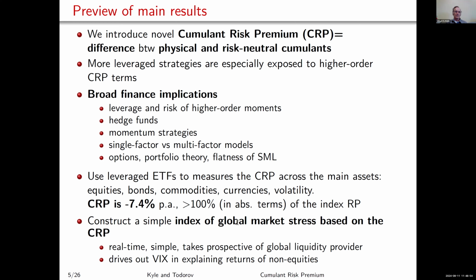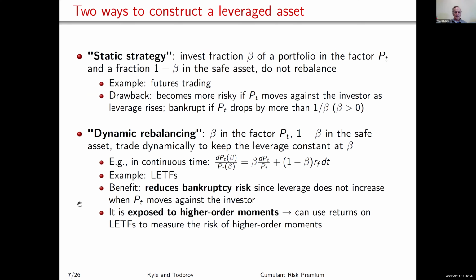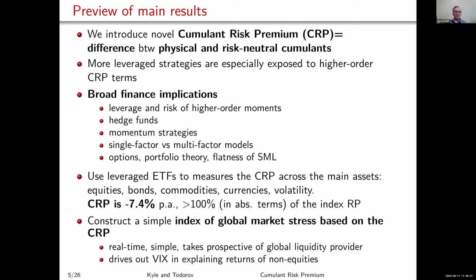When we look at the leveraged ETFs and try to measure this cumulative risk premium across equities, bonds, commodities, currencies, and even volatility itself, we find that typically it's not always negative, but typically it's negative. A lot of that is just that shorting volatility tends to be a profitable trade, but it also has some higher order cumulants in there as well.